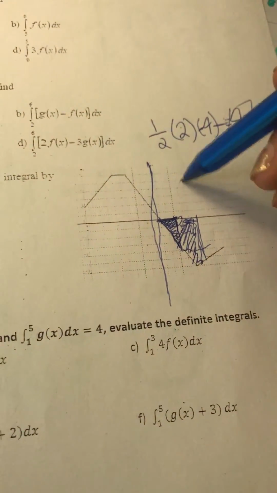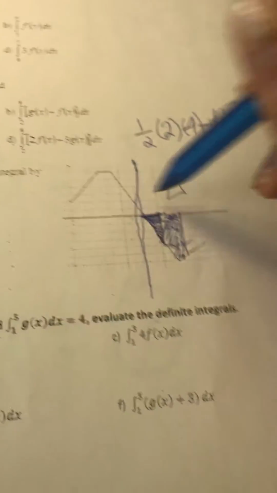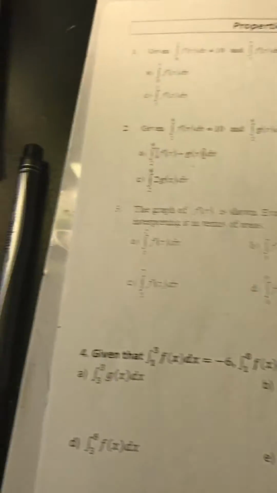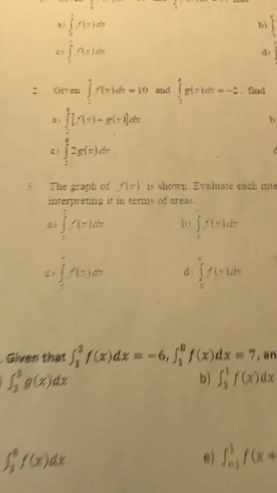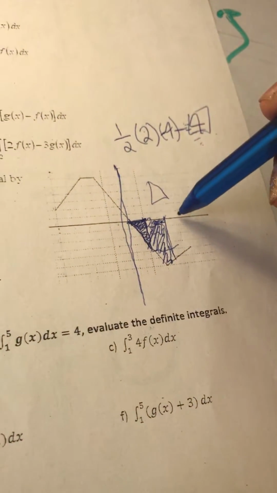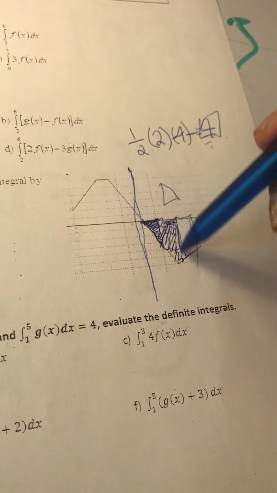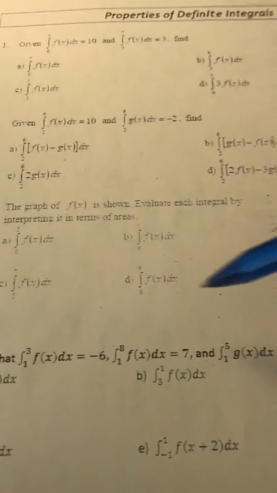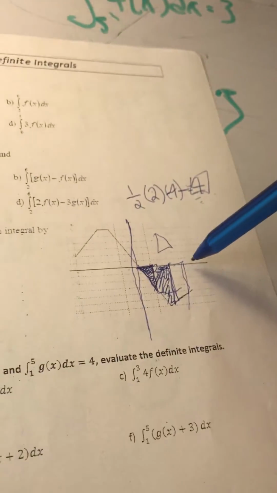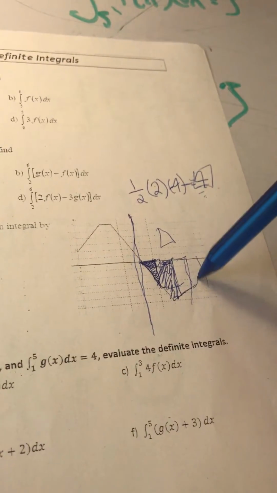Let's just say this is a triangle. So you're just going to find the area of this triangle. And then 7 to 5, so 5 is right there, 7 is right there, so that's like a trapezoid. Then we go from 0 to 9.